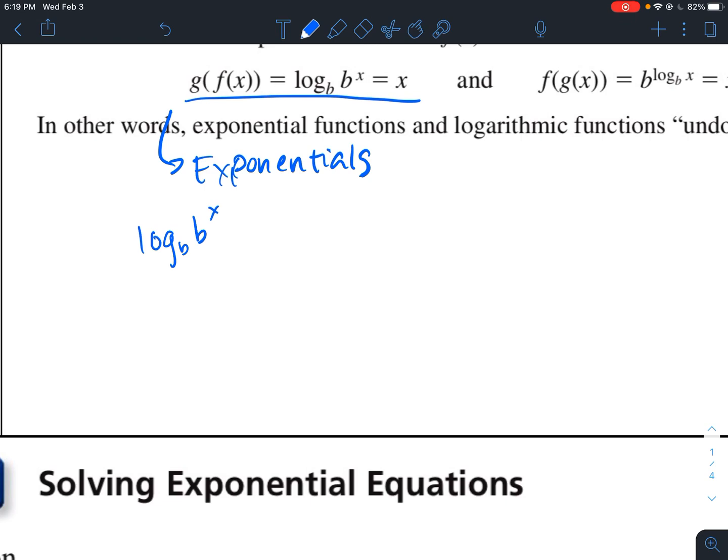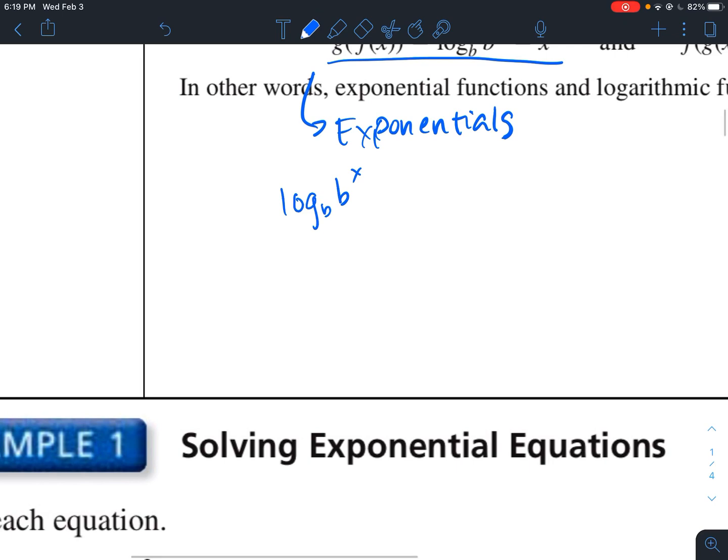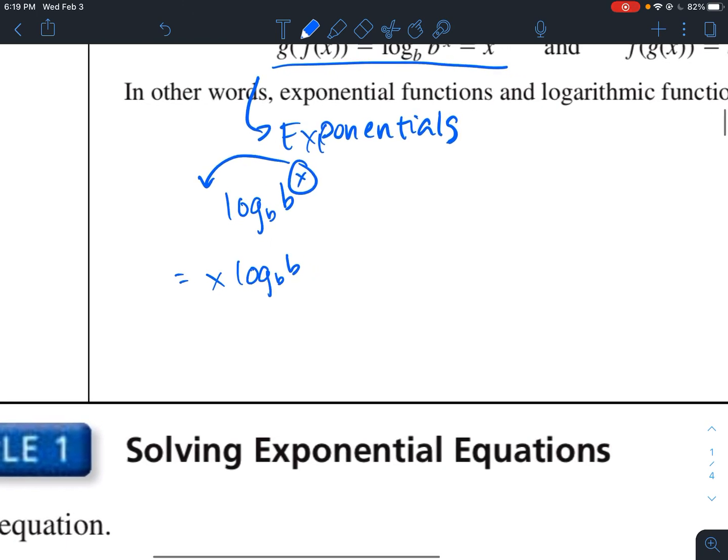In the last section we learned that with the properties of logarithms, I can use the power property, which allows me to move exponents to the front. So this is equal to x log base b of b.